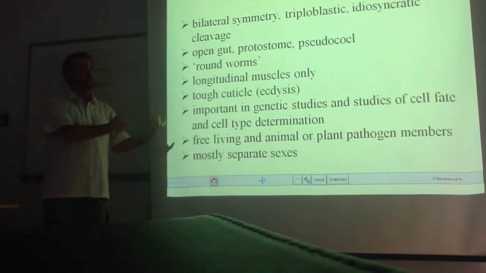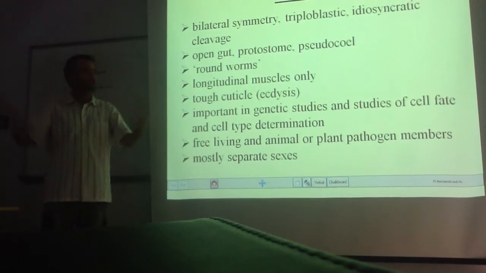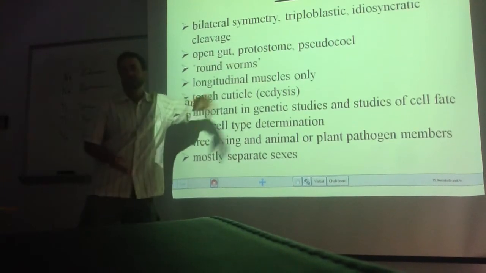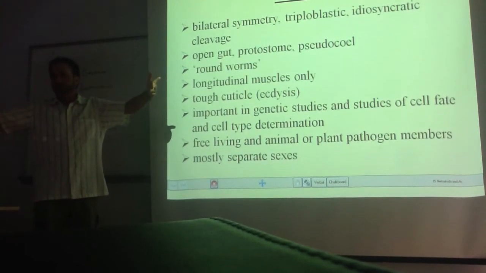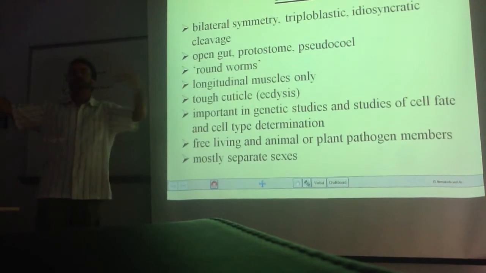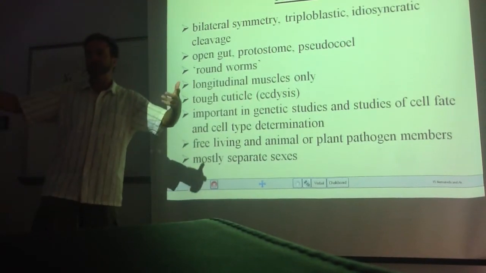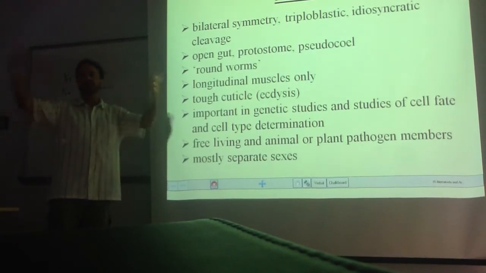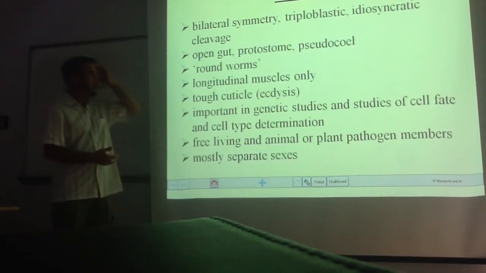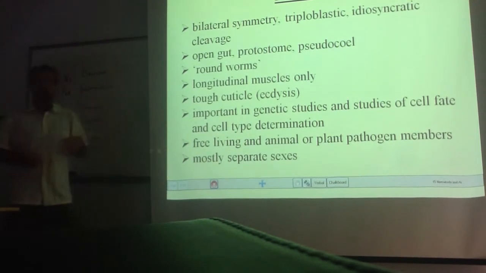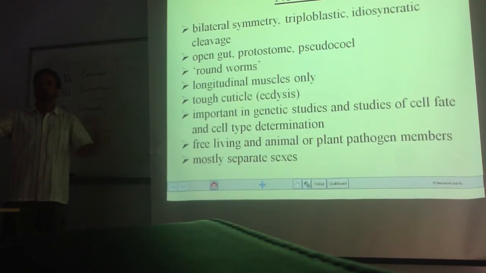But Campbell, at least now in their book, acknowledges these two different kinds. Idiosyncratic, I think I told you, means weird. So even the developmental biologists didn't know how exactly to distinguish this from spiral. They just have spiral and then they have weird, right? But it's a determinate cleavage type that's associated presumably with this group of ecdysozoans.